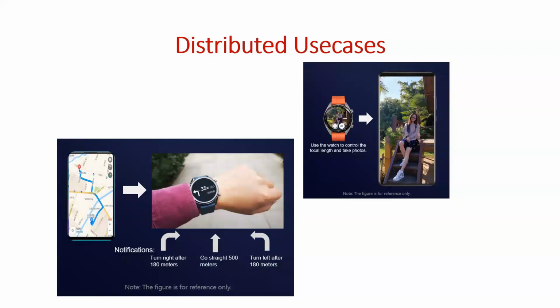This capability is achieved by something called FA and AA. FA is a feature ability. In this kind of use case, your smartphone acts as the FA, the feature ability. It is a full-fledged capability along with UI display and everything.